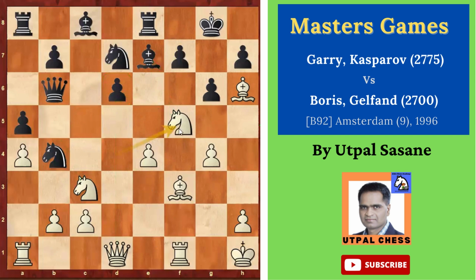So after knight f5, g takes f5, forcing. If you don't capture this, there are problems. Suppose you just move the bishop back, what will he do? He would play queen d2. And if you capture this, it's not good, so you can't take it.